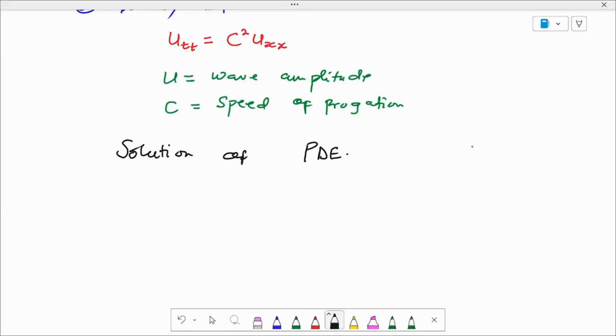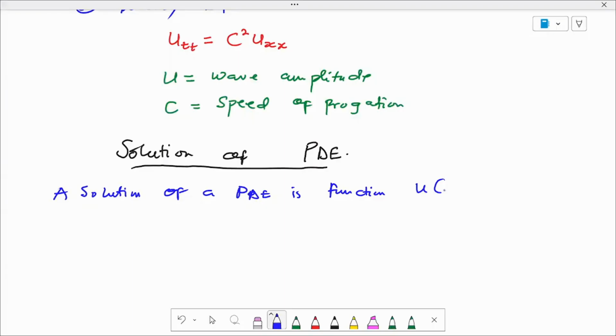When we talk about a solution, a solution of a PDE is a function u of x, y, the unknown function, that satisfies the equation identically.